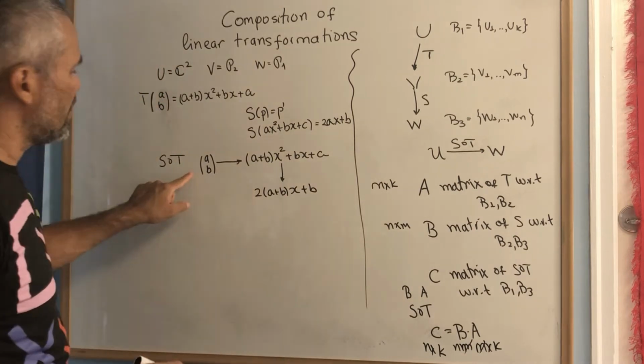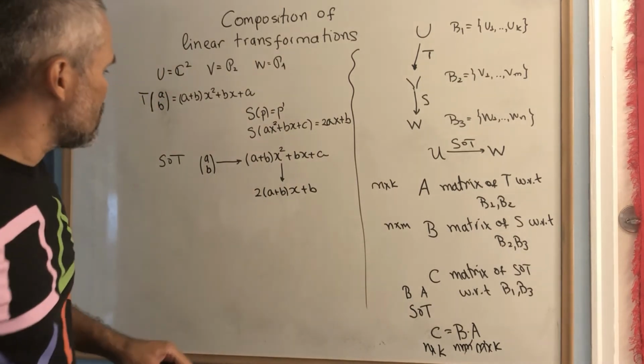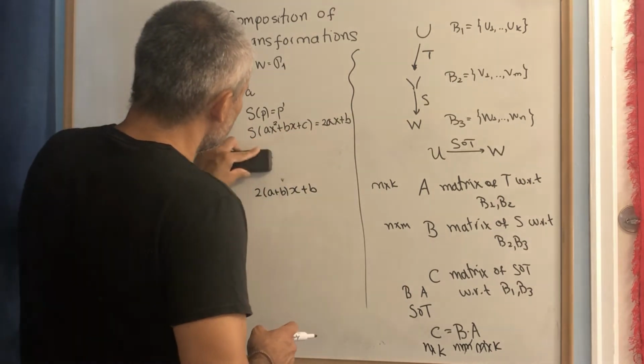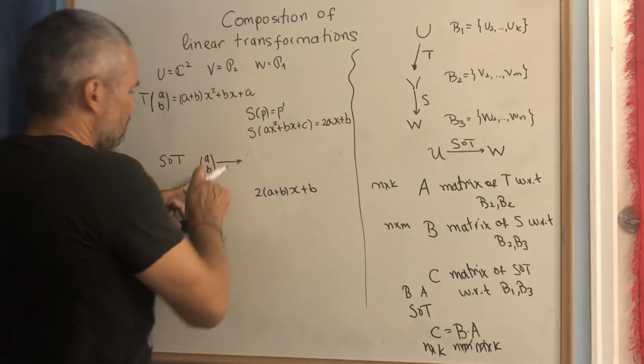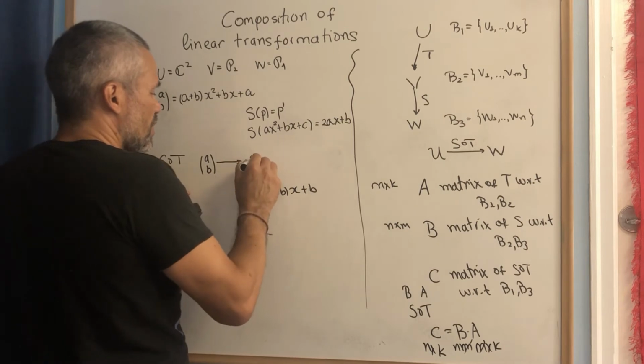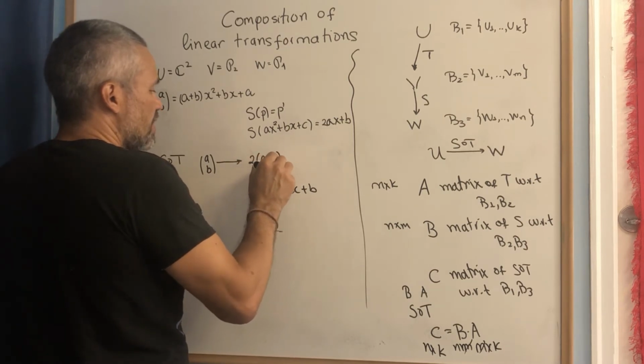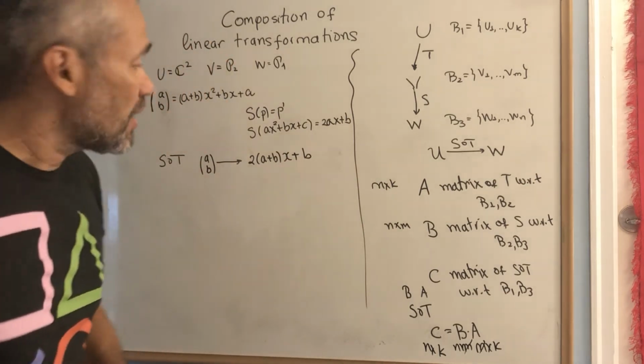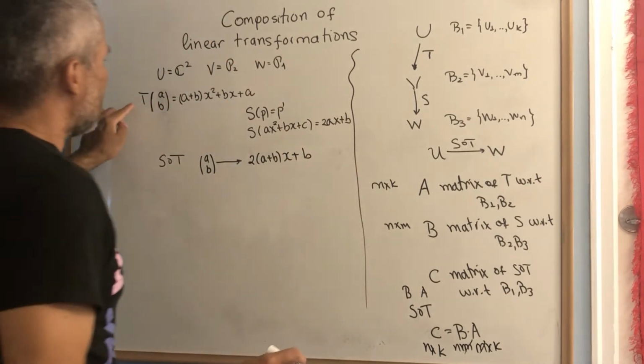Then this is the composition. Let me just erase this. And let's just say that (a, b) goes to 2 times (a plus b) x plus b.